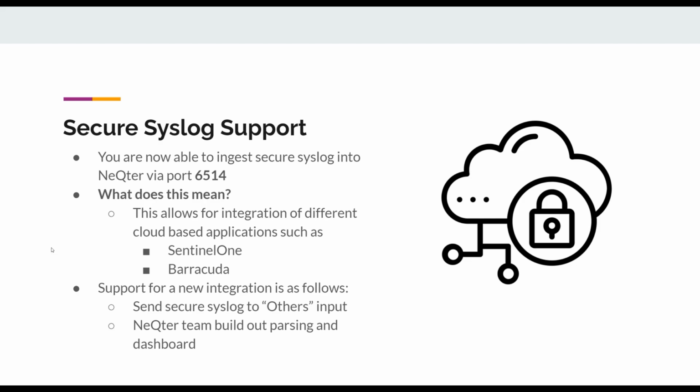So we're going to be able to pull in different types of applications. We listed here, Sentinel-1 and Barracuda because we've gotten requests for that. We are currently working on the Sentinel-1 integration. Because we turned on secure syslog support, we're able to pull those logs in.